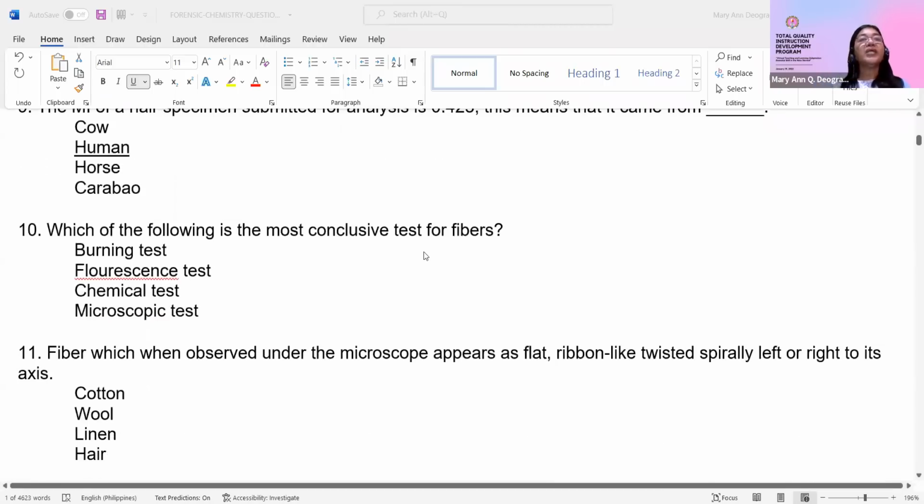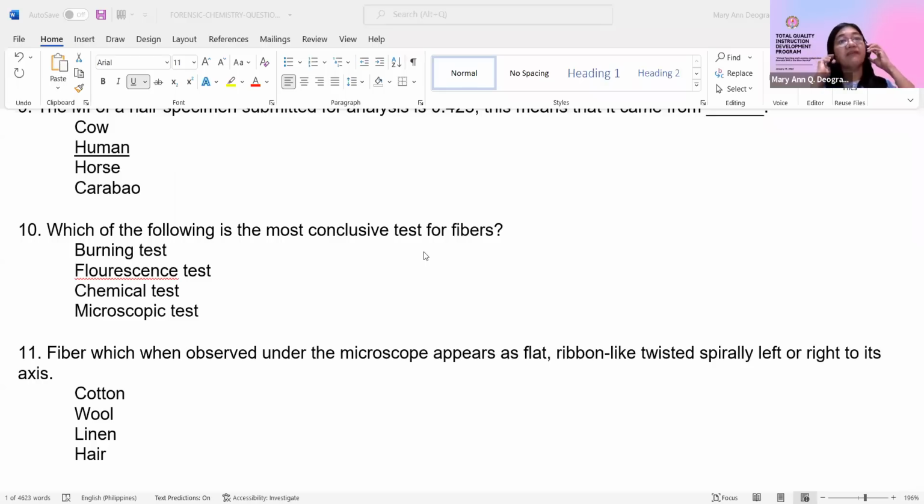Number 10. Which of the following is the most conclusive test for fibers? Burning is only preliminary. Fluorescence is another preliminary test. The chemical test is only supplementary. So we have microscopic. Why microscopic?